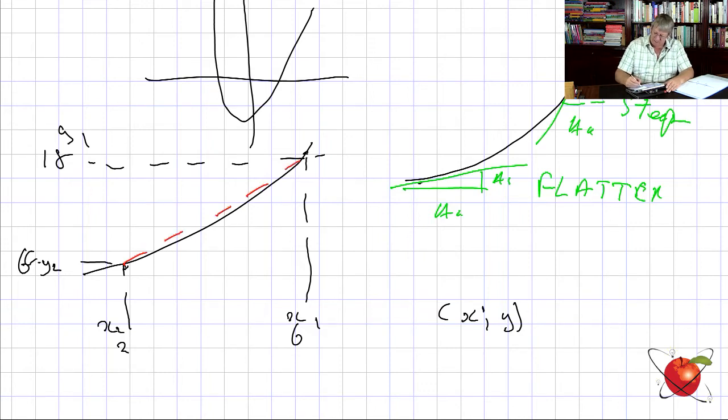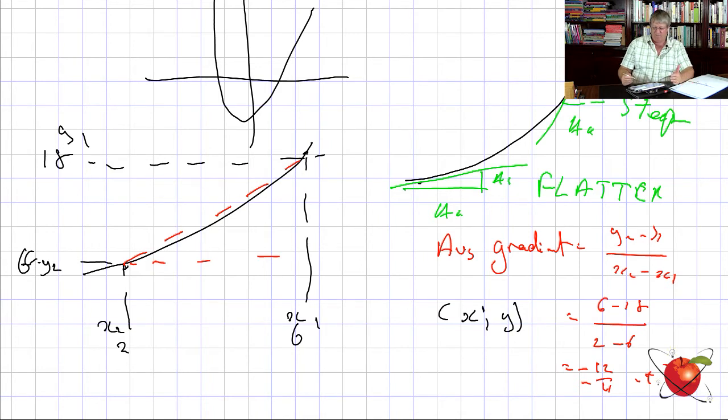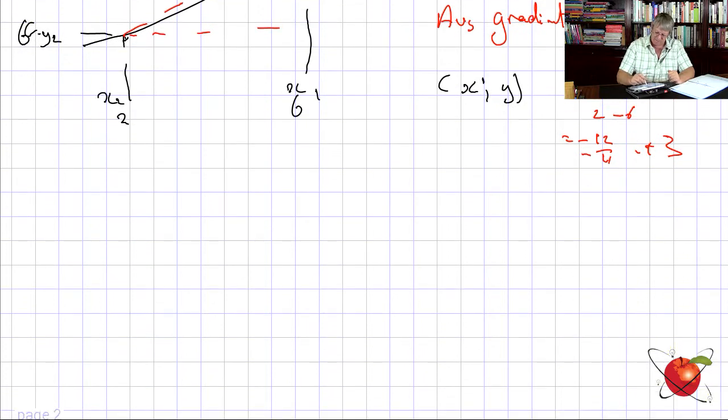You'd write average gradient is equal to the same formula, y2 minus y1 over x2 minus x1, which is 6 minus 18 over 2 minus 6, which is going to be minus 12 over minus 4. They're both minus, so it gives me a plus 3. So the average gradient is 3 between those two points. That's how we define the average gradient.